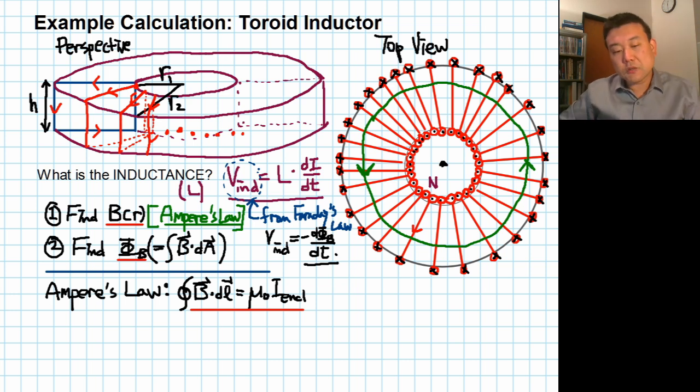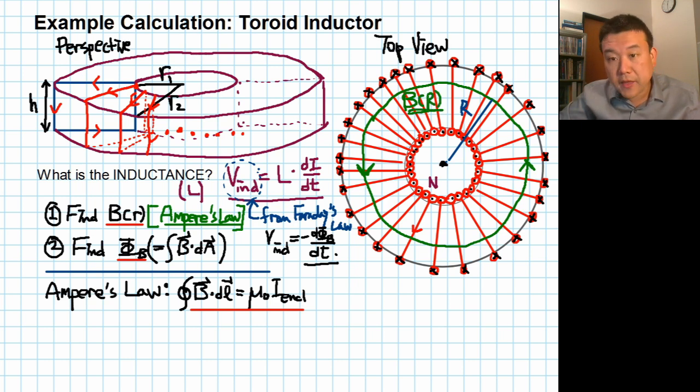What that means, we can make this argument. Given this circle of radius r, let me use the letter capital R, we can say that the magnetic field can be expressed as a function of this radius r alone.